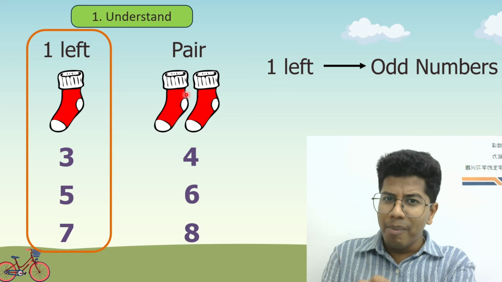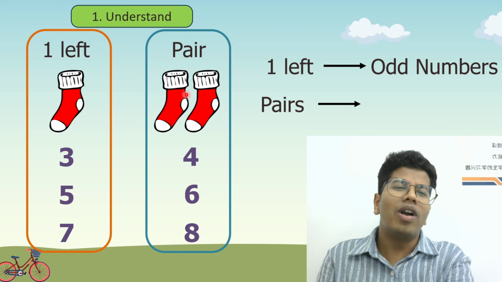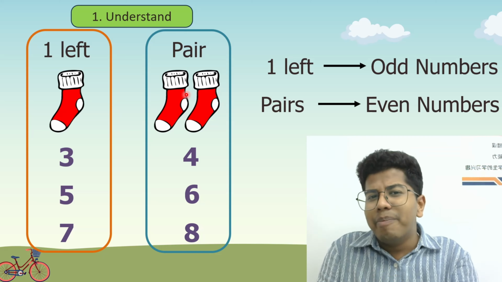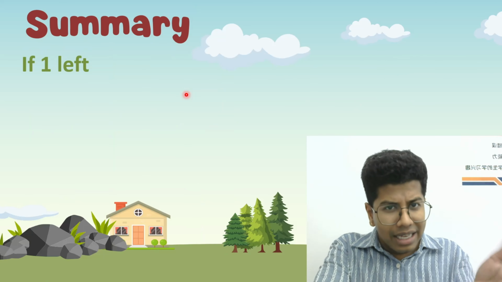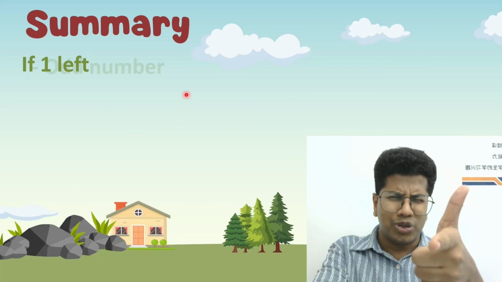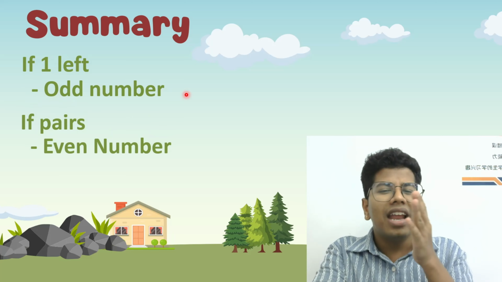And if there is numbers that can form pairs, these pairs are nothing but called as even numbers. So this is nothing but odd number and even number. So if I summarize this, it will look something like this. If there is one left, odd or even? Perfect, odd, so fast. And if there is pair, it is nothing but even number.